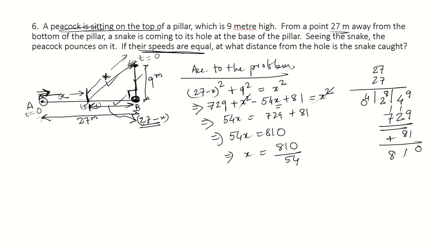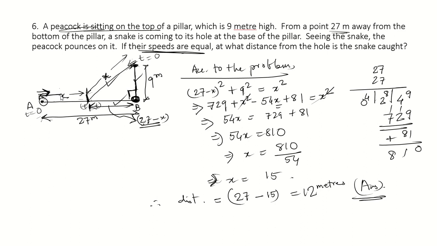So we get x equals 15. Therefore the distance from the hole at which the snake is caught is 27 minus x, which is 27 minus 15, and we get 12 meters. So this is the answer.